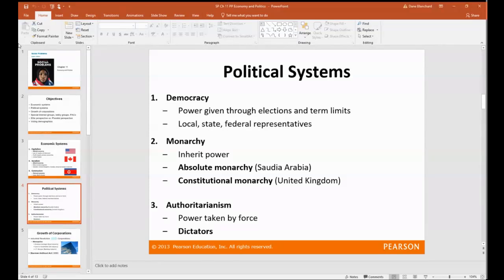So this is where power is taken by force, and within an authoritarian government, the government has absolute control over the economy, the politics, the religion, and also elements of society. An incredible amount of power concentrated to that particular dictator.